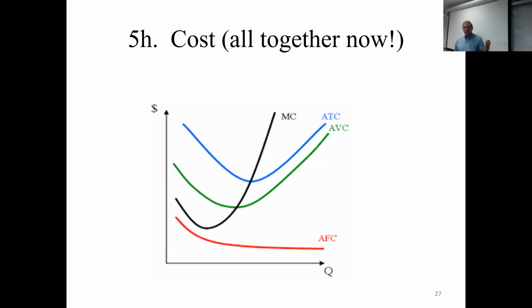First thing you need to take away from this is each unit has a different cost of production. That we know, because each worker is going to be more or less effective depending on how many workers you have. That means that the marginal cost is going to fall, and then it's going to increase.